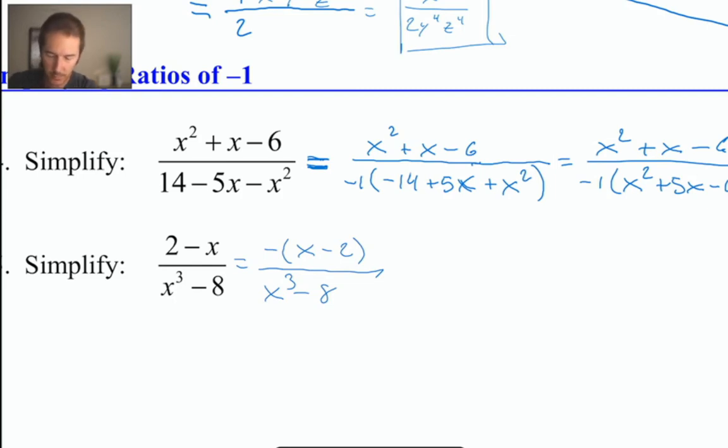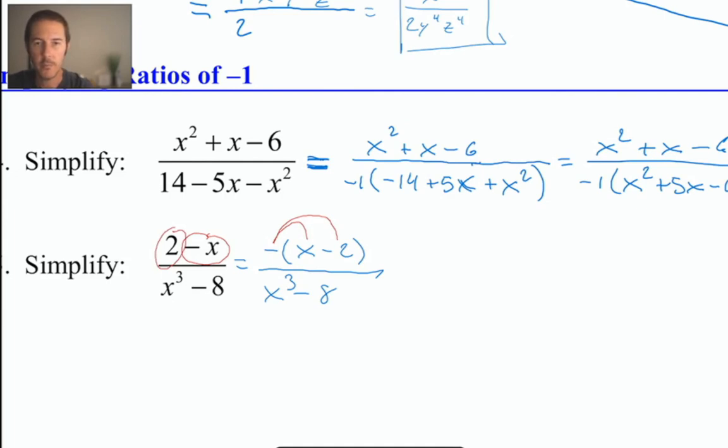And let's distribute. What is negative times positive x? I would say negative times positive x would equal negative x. And there it is. And then let's distribute again. What's negative times -2? Negative times negative makes a positive, so that should be positive 2. And there it is.